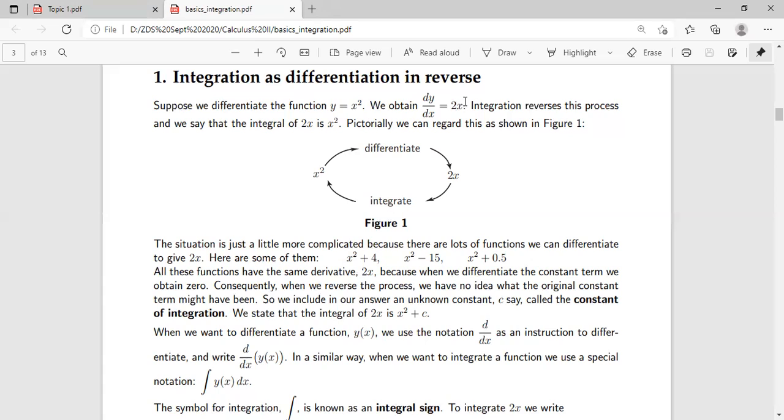So our x is raised to power 1. You recall the rules. X raised to 1 is x. So if we add 1 to the power, we are going to have x raised to 2. Then we divide by the new power, which is 2. So 2x squared divided by 2, we are going to get x squared.